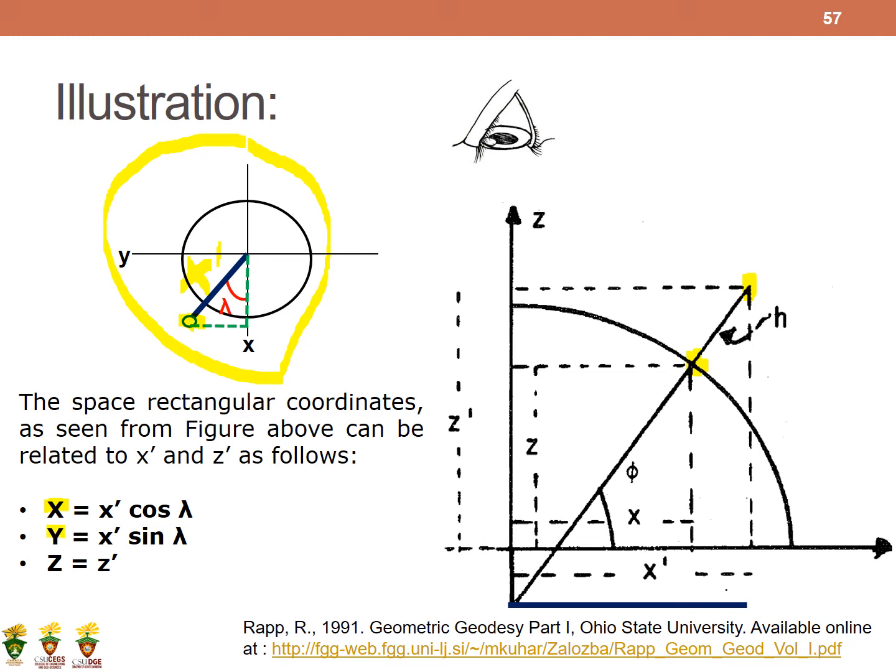And y is x prime times sine longitude, and z is just equal to z prime. Later on we will derive z prime. We are not focused on z prime now, we are more focused on x and y in our space rectangular coordinates. But we will also solve z.